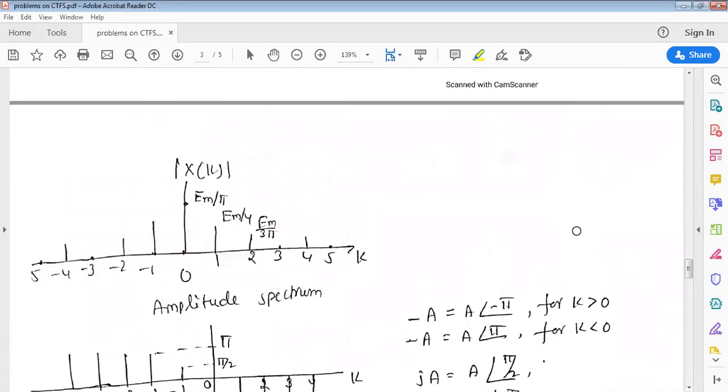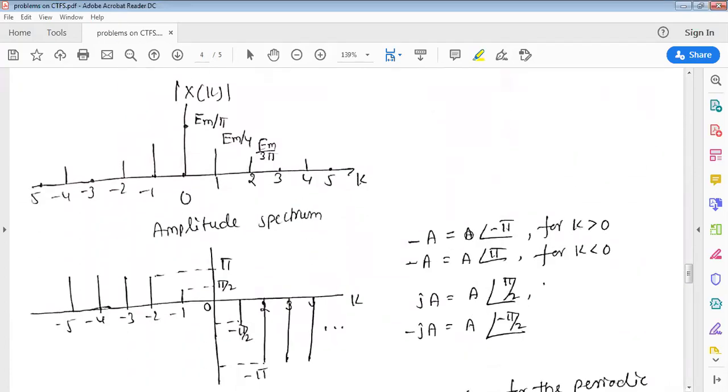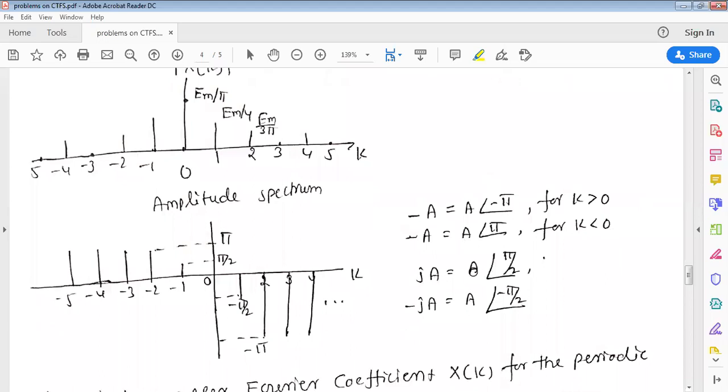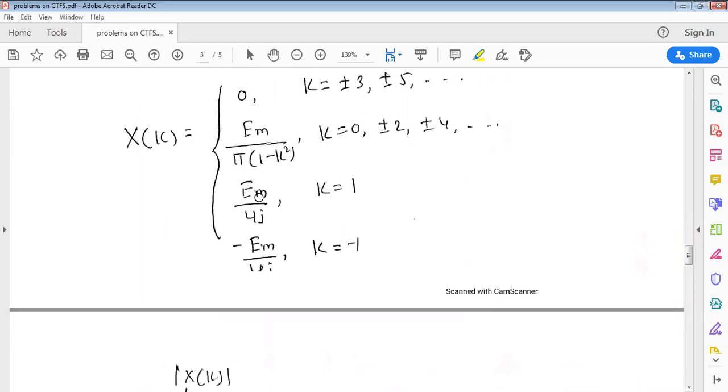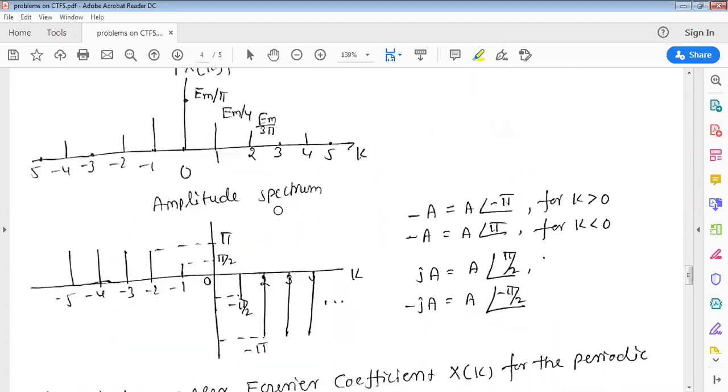So the angle of minus A will become A angle minus pi for all k more than 0, and the same minus A is equal to A angle plus pi when k is less than 0. Okay, so any angle j is given by plus pi by 2 for all positive values, and minus j is equal to A angle minus pi by 2 for all negative values. With this, we are going to write the phase spectrum. How are we going to write this one? When k equal to 1, it will become 1 by j, minus j, angle is minus pi by 2. Look here.